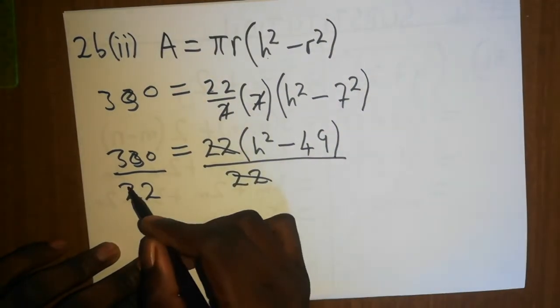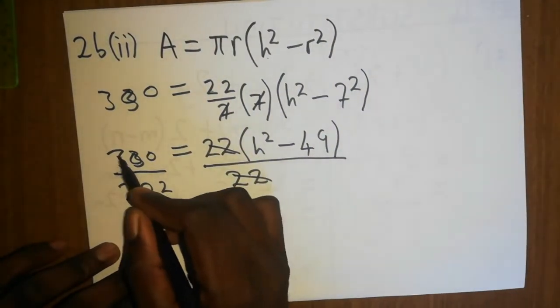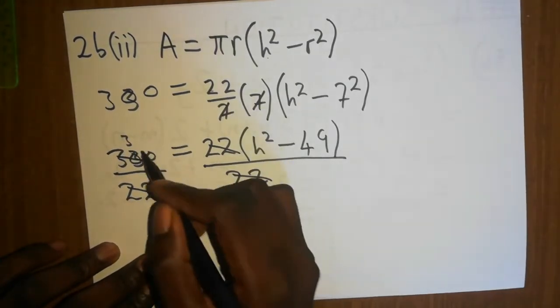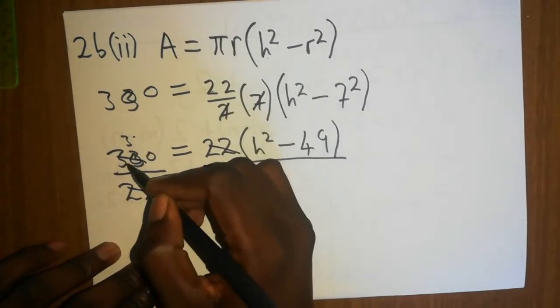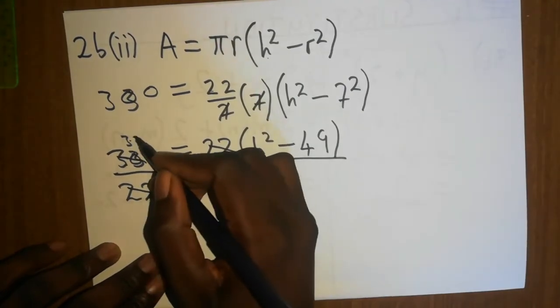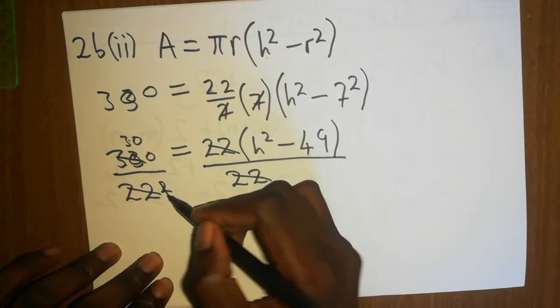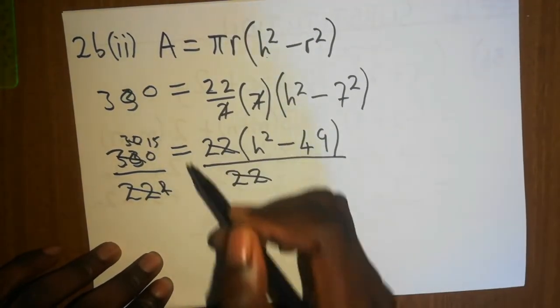So here 11 times 2 is 22, and 11 times 3 is 33, 0. I'm going to have my 30 over 2, there, 2 here, 2 there, 15.